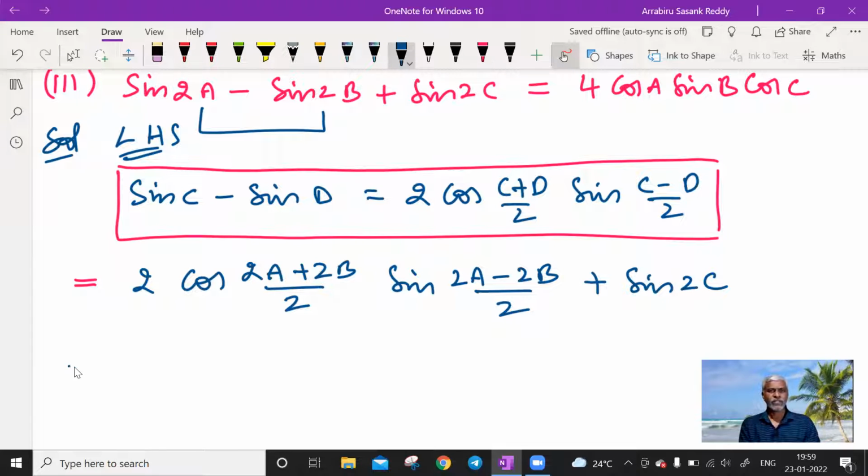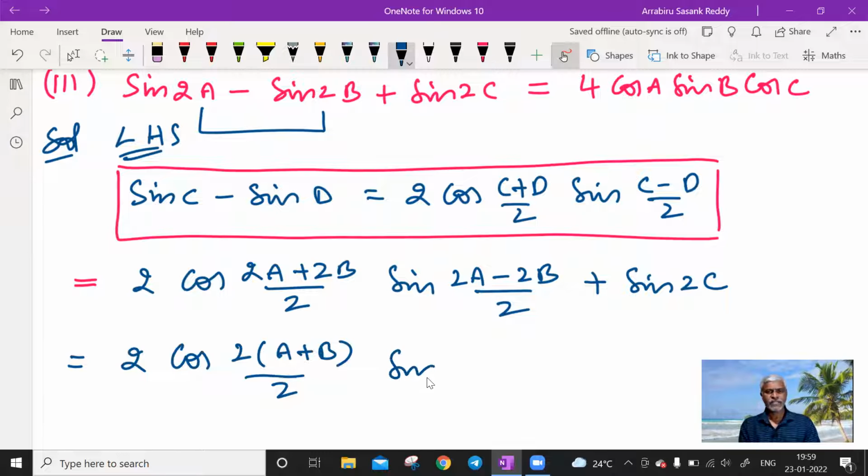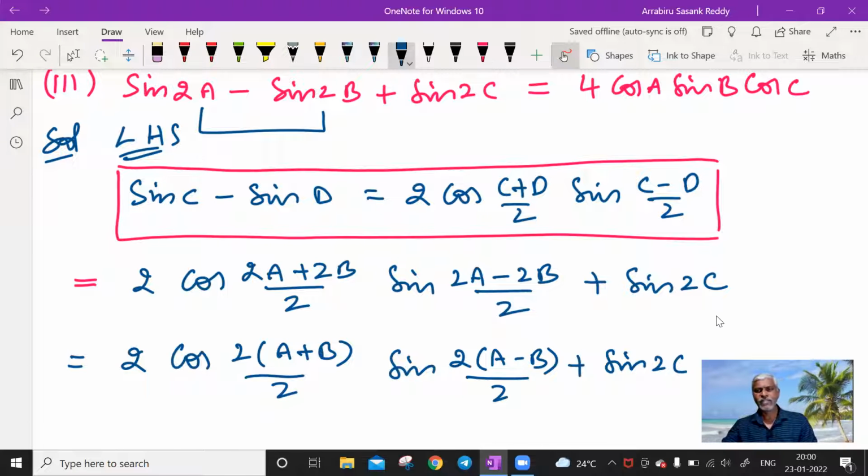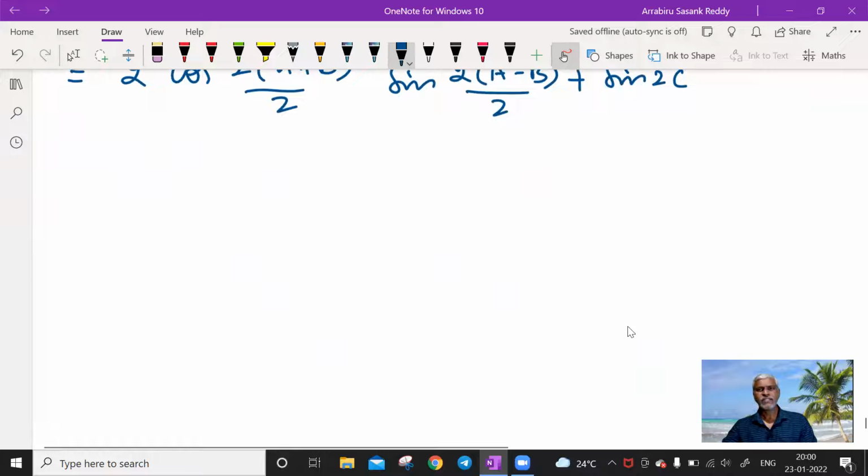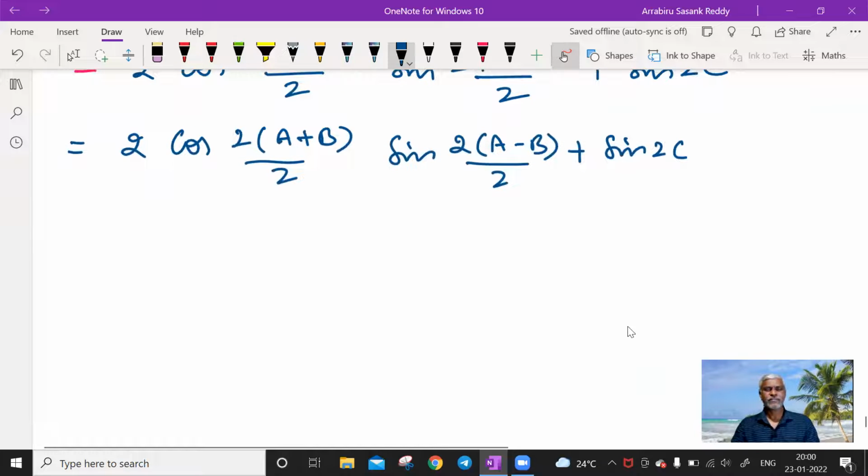Now same, take 2 common, it becomes 2 into (A plus B) by 2. This is 2 into (A minus B) by 2. This is sin 2C as it is. You can change it in the next step. Now you can cancel 2, 2.